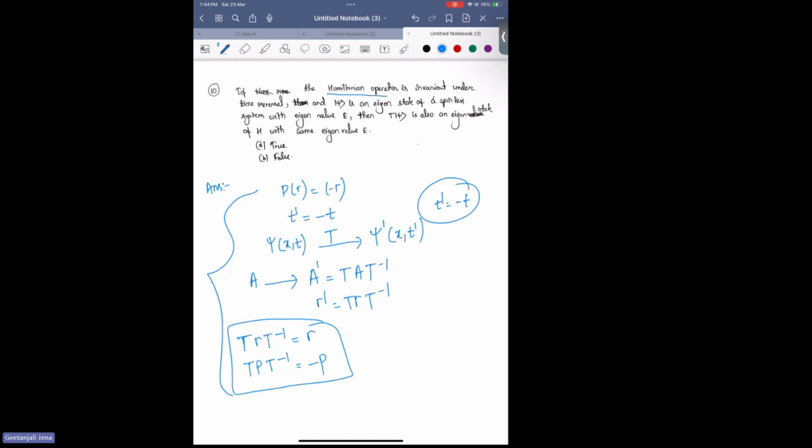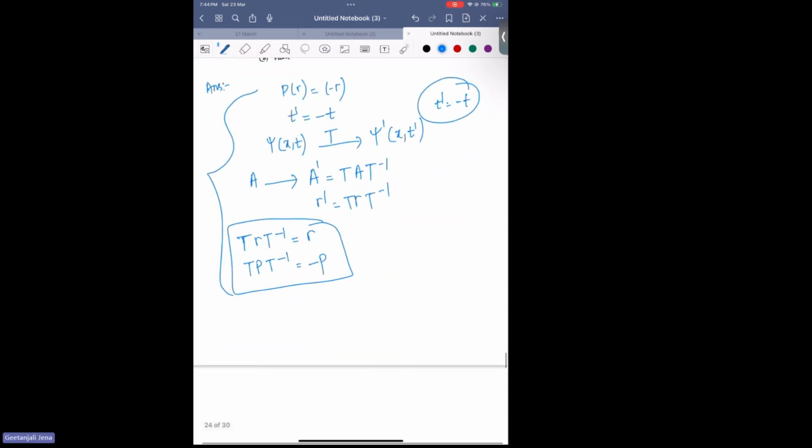It is given that the Hamiltonian operator is invariant under time reversal. Invariant under time reversal means, let's say we have Hamiltonian H and we apply time reversal symmetry, it will become H prime. Now H prime you can write as T H T inverse, the inverse of the time reversal operator.